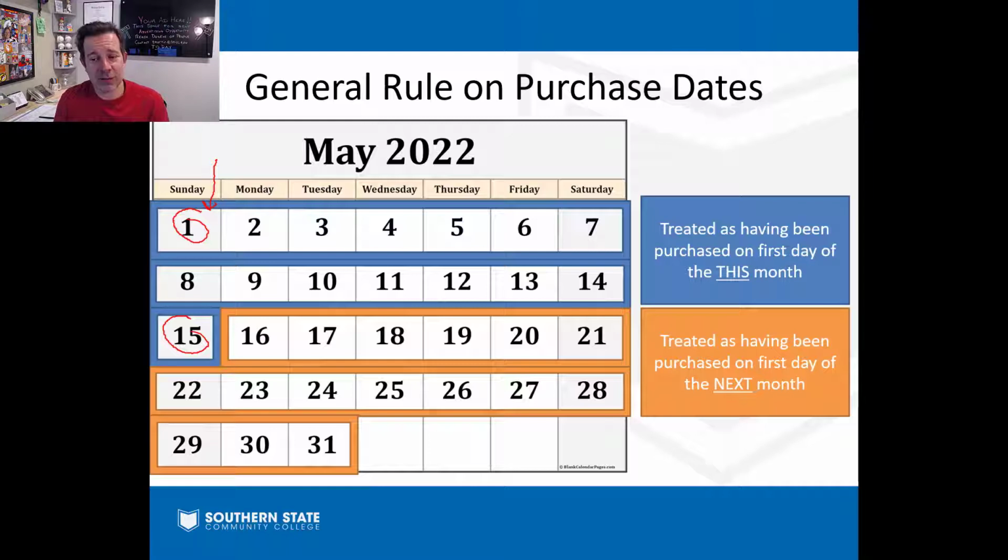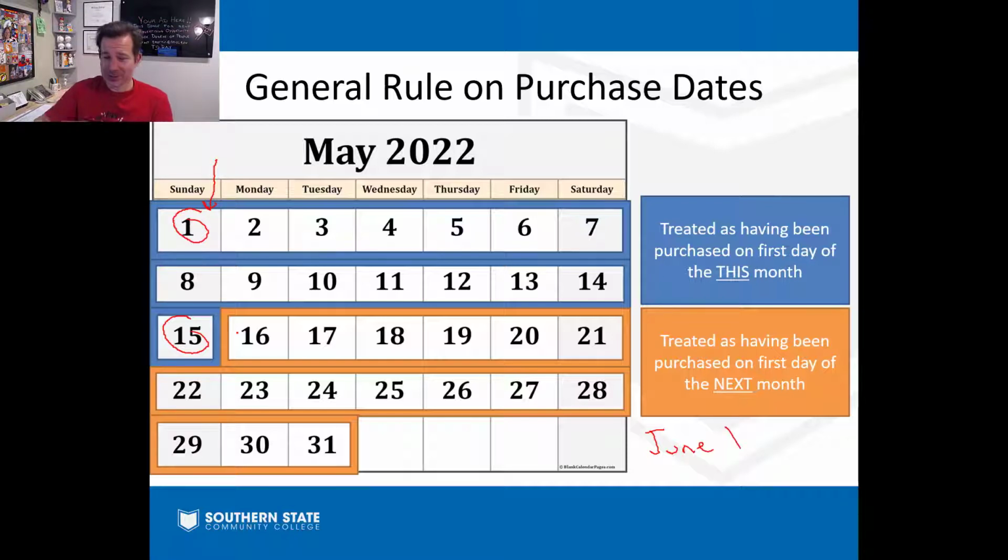As long as we buy between the 1st and the 15th, we'll assume it was bought on May 1. If it's bought in the second half of the month, 16th through the 31st, we'll treat it as having been bought on the first day of the following month. And so anything bought on May 16th through May 31st would be treated as having been bought on June 1.